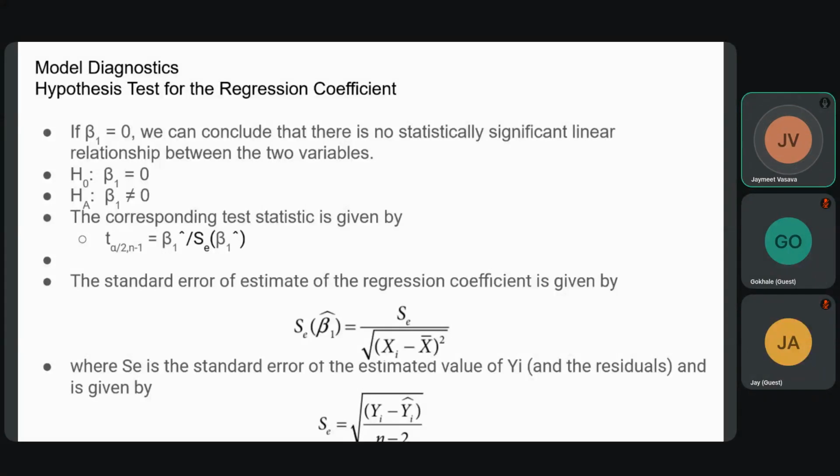Just for the sake of a simple explanation, the beta 1 hat is shifted somewhat to the right while typing, so not to be confused with the power symbol for the beta hat. SE is the standard error of the estimated value of yi, from the residuals, and is given by SE equals the square root of the sum of yi minus yi hat squared divided by n minus 2.